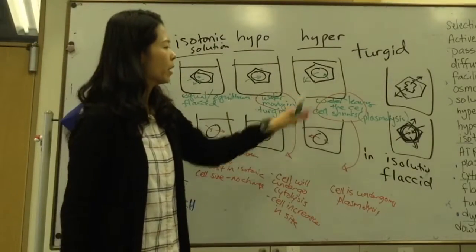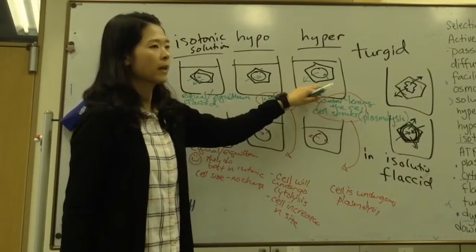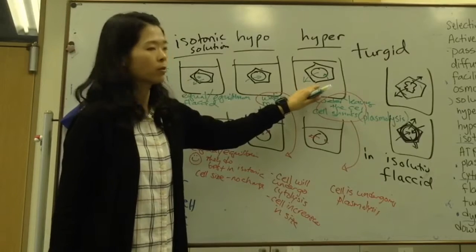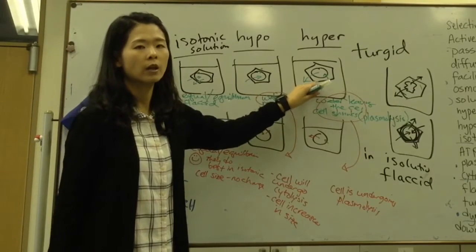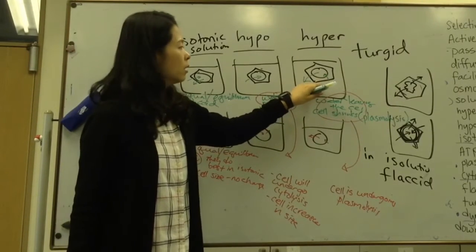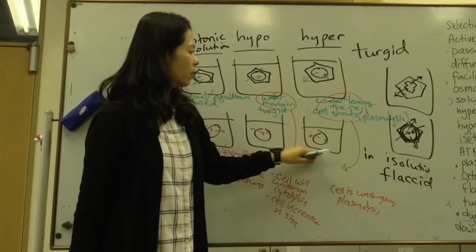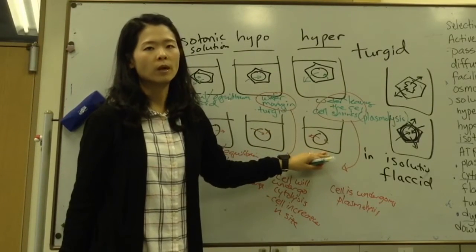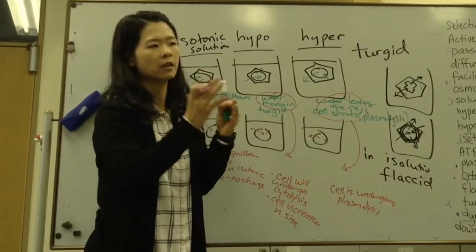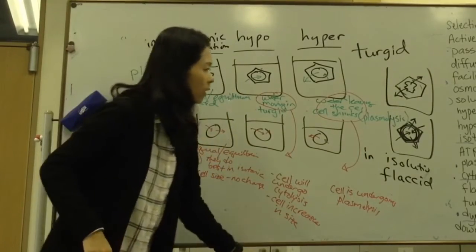But if we compare the difference, if you put this back in normal water, it's easier to recover. You can save this, but for an animal cell, once it loses so much water, it won't regain its shape. Okay. All right.